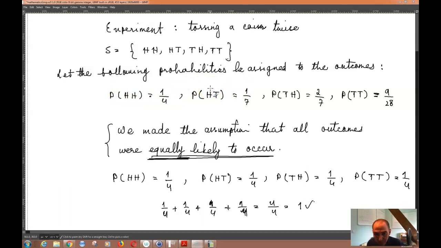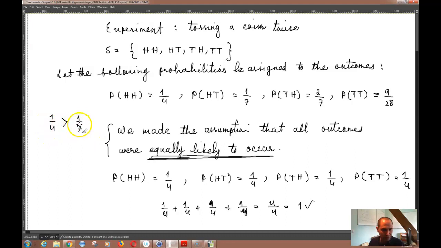And that way you can have outcomes of the same experiment which have different probabilities of occurring. For example, 1/4 is of course a greater fraction than 1/7, right?